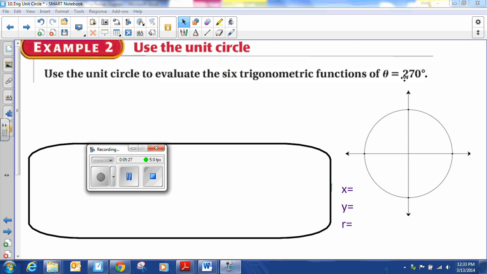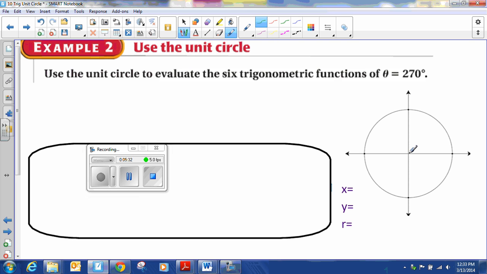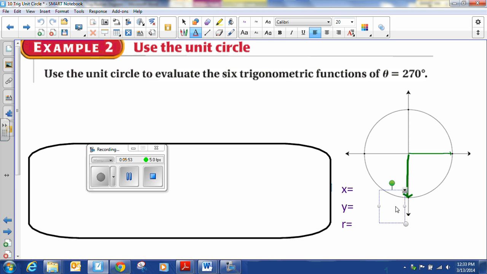But we want to draw 270 degrees. So we know that 270 degrees, the initial side is right here, and the terminal side, as we go around, was 90 degrees, 180, 270 is down here, straight down. And the ordered pair right down here, like we already said, would be (0, -1).